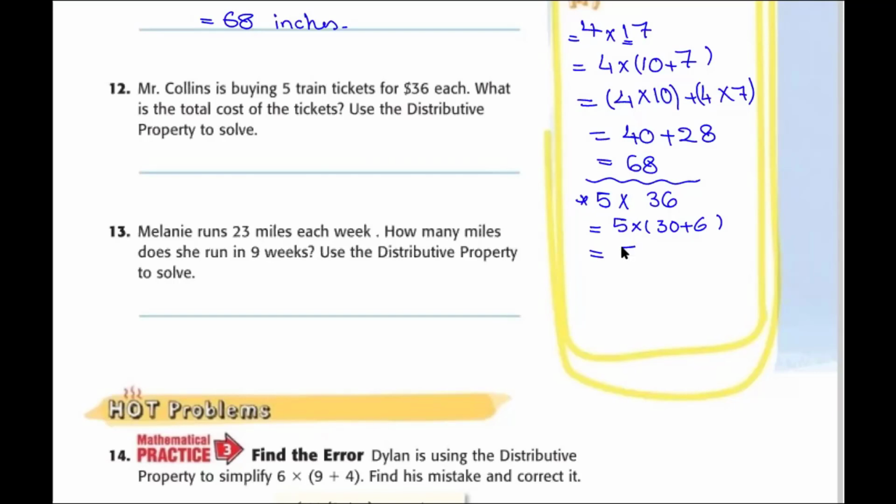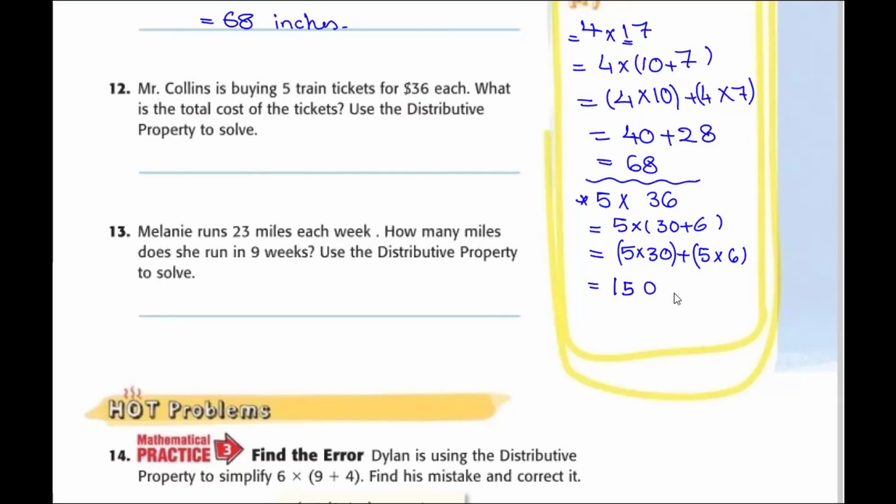5. Leave the bracket. 5 what? 5 by 30, and then 5 by 6. 5 by 30: you put the 0 out, then you put 5 by 3, which is 15.